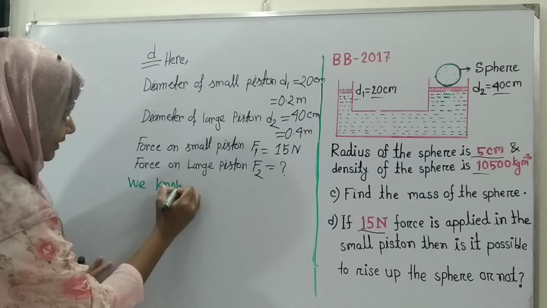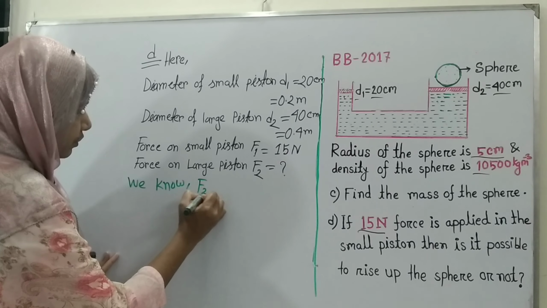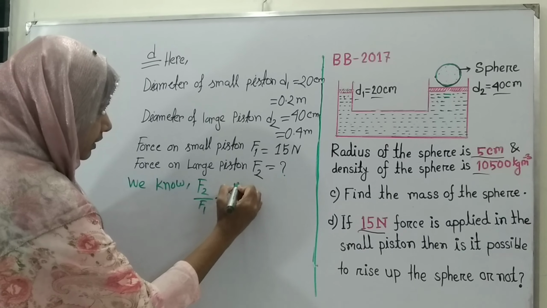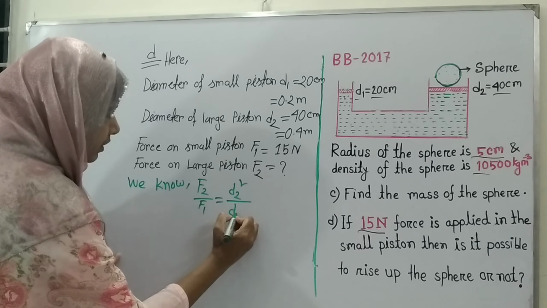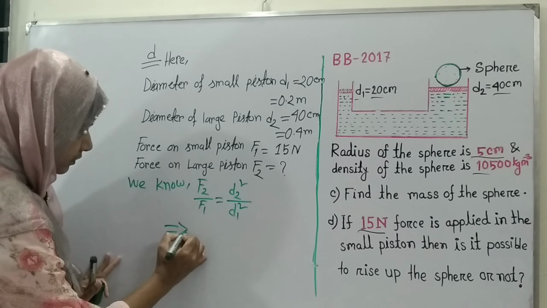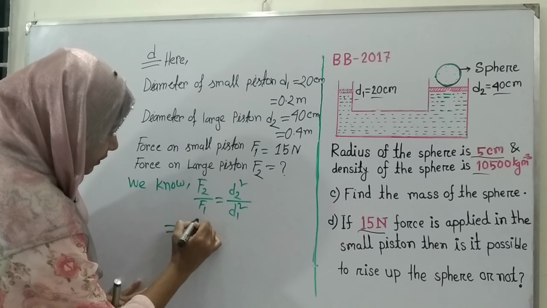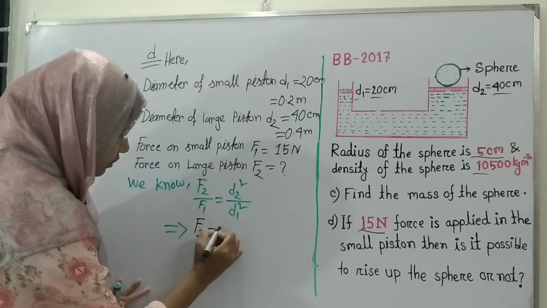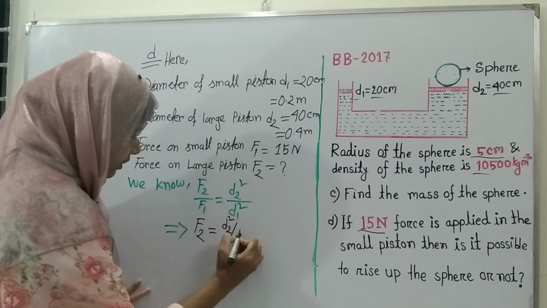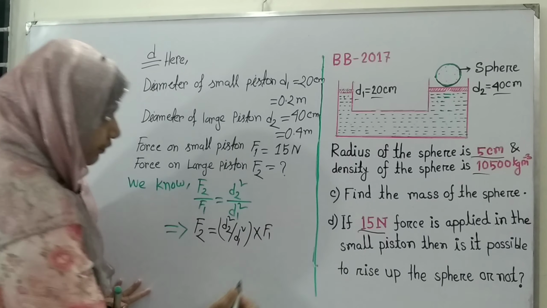Now we know the formula to identify the force which is felt on the larger piston: F2 by F1 equals D2 square by D1 square. Now F2 equals D2 square by D1 square into F1.